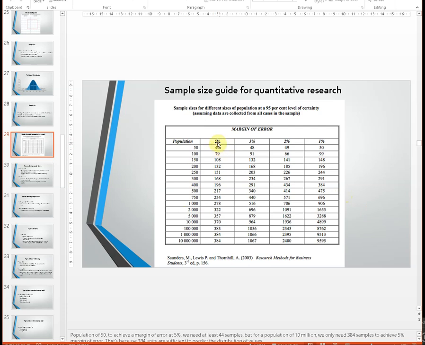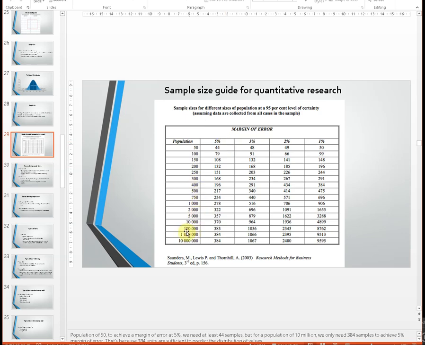It starts from a margin of error of 5%. A 5% margin of error indicates that you're 95% confident that your results are right. Instead, there is a probability of 5% that your result from this research is incorrect.